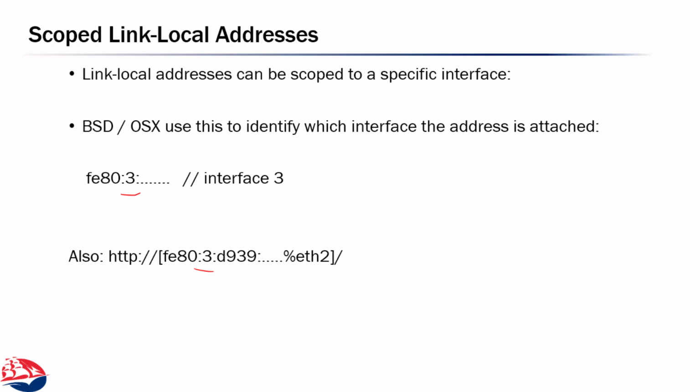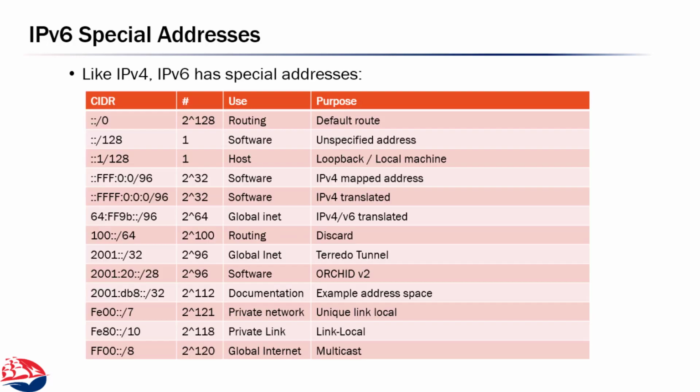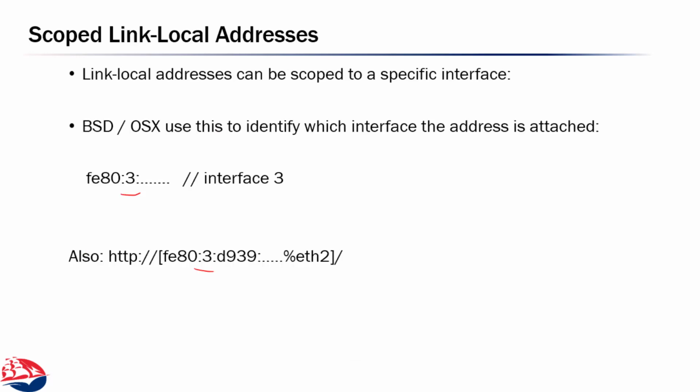So interface 3 corresponds to ETH2, so I want to use that link to get to that local address as opposed to some other link. Most other operating systems don't pay attention to that, so there'll always be zeros there. But BSD, and since OS X started off as a BSD type of Unix, it has the same type of thing. So does iOS.